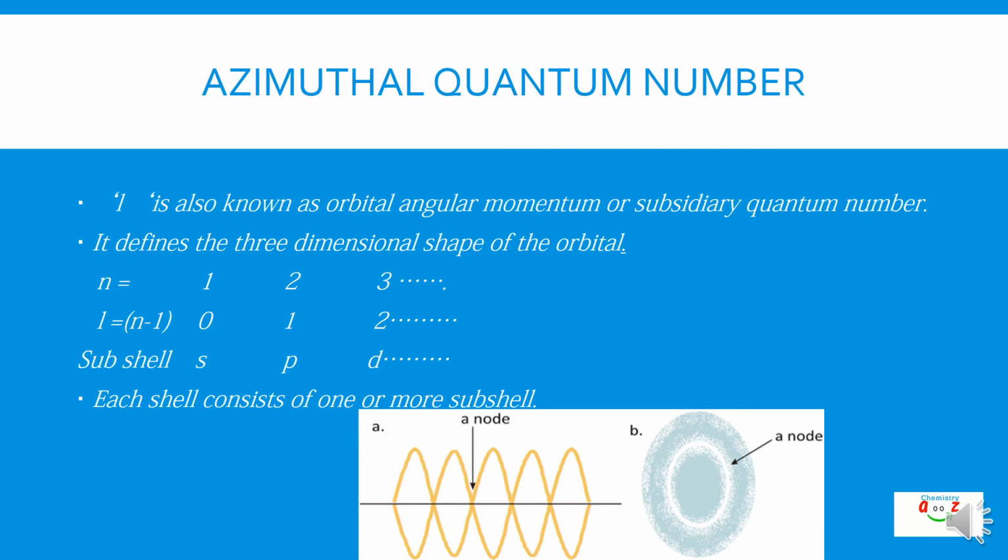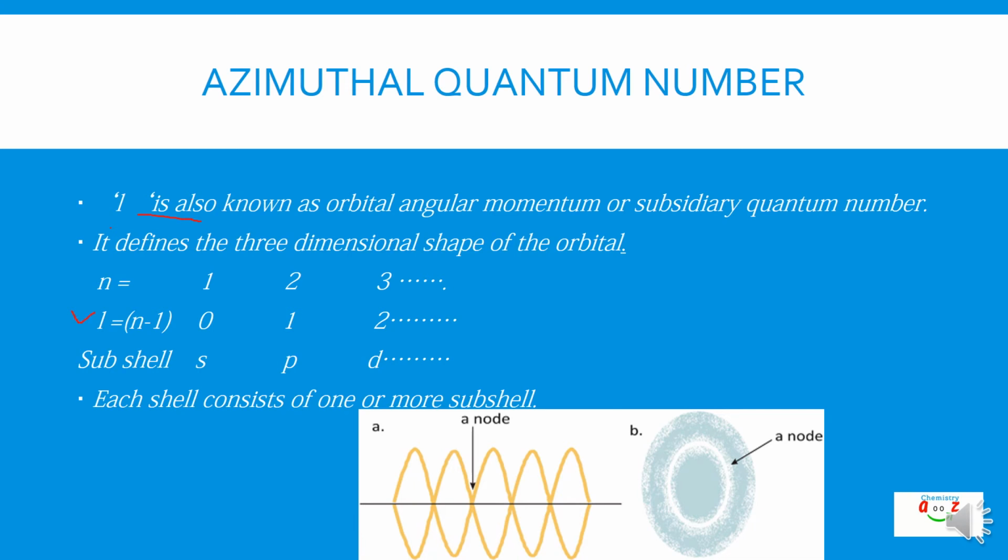Now the next is azimuthal quantum number. It is denoted by L, and the value of L is equal to n minus 1.